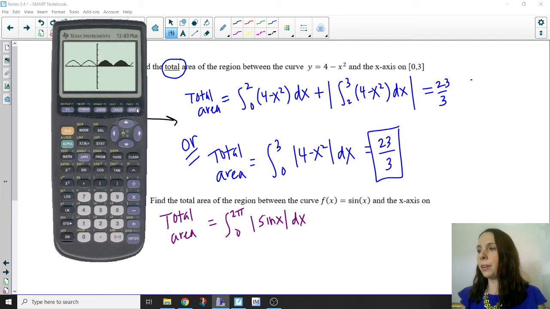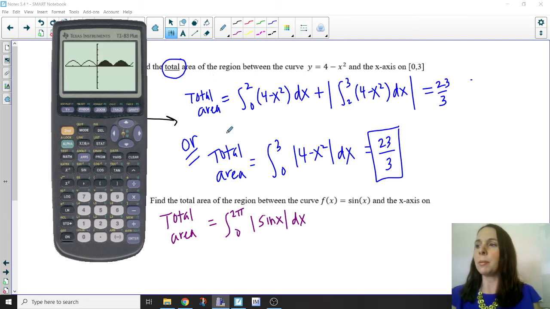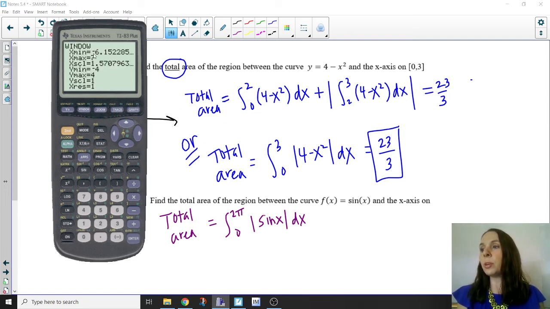Okay, I figured out what happened, and I should probably tell you in case this ever comes up. I was trying to integrate over the interval from 0 to 2 pi, and whenever you do Zoom 7, a trig viewing window, sometimes your window actually doesn't go completely to 2 pi.